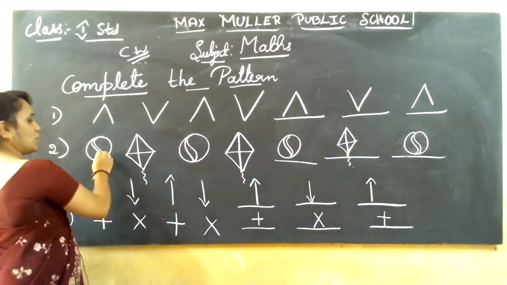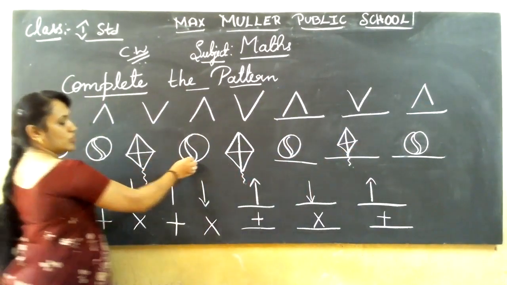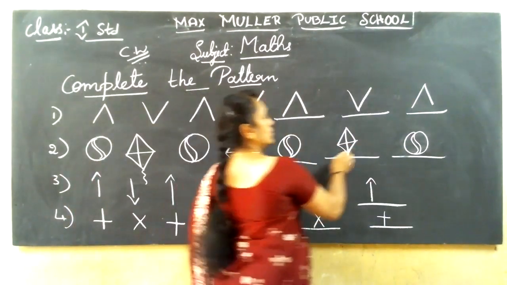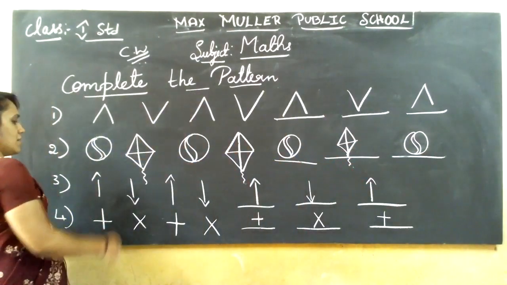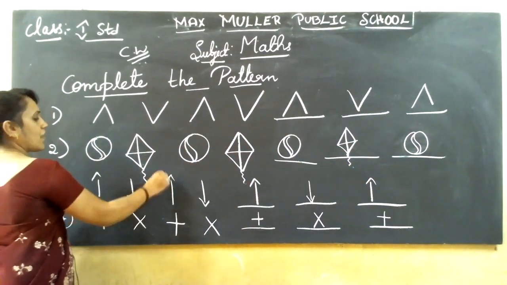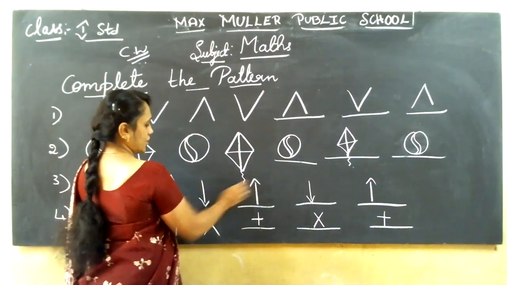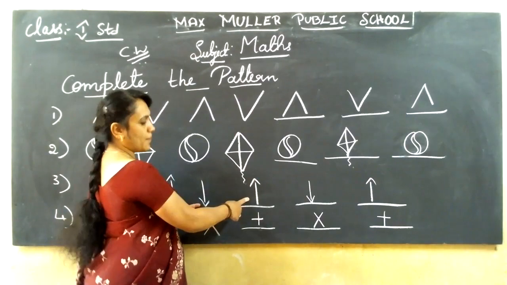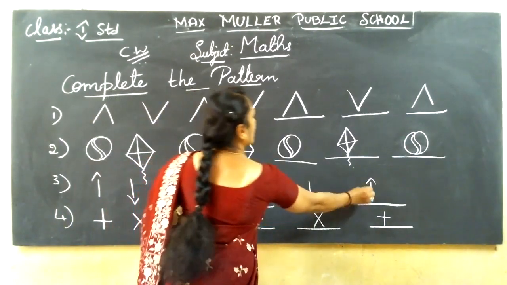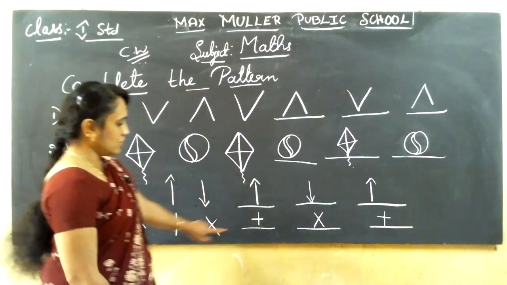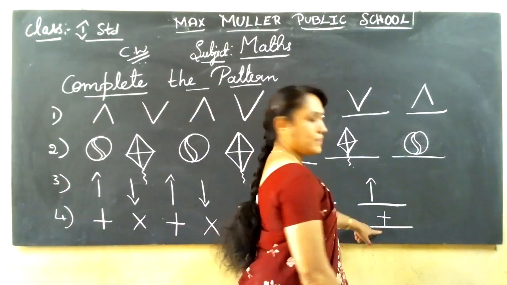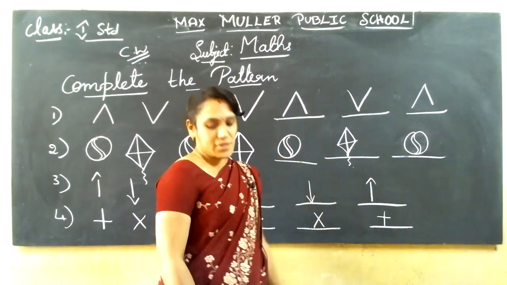Here also, second one: ball, kite, ball, kite, ball, kite, and again ball. Here, upper arrow mark, lower, upper arrow mark, lower, again low afterwards. What should you draw? Upper, again lower arrow mark, again upper arrow mark. Last one: plus, into, again plus, into, plus. Understand how to do the pattern sums?